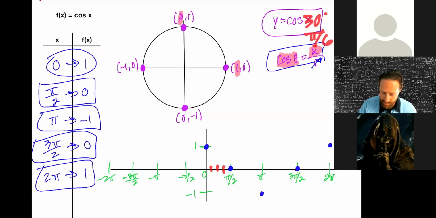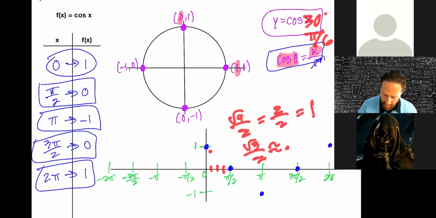Very good. So that's up here. Close to 1, because I know √4 over 2 is 1. So √3 over 2 is about 0.8 something. So close. How about 45?